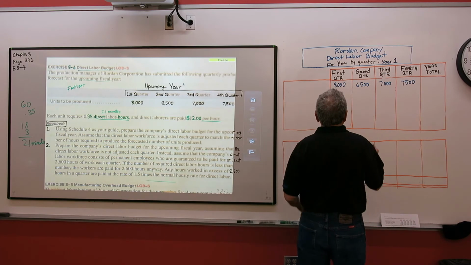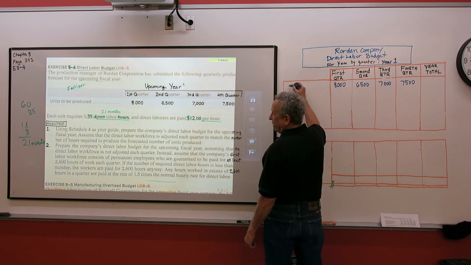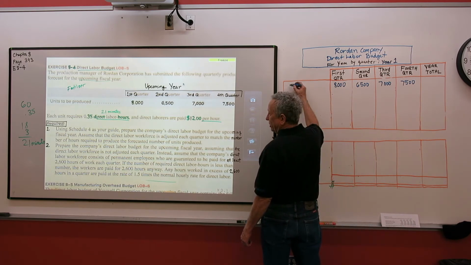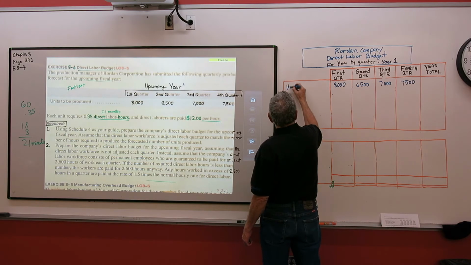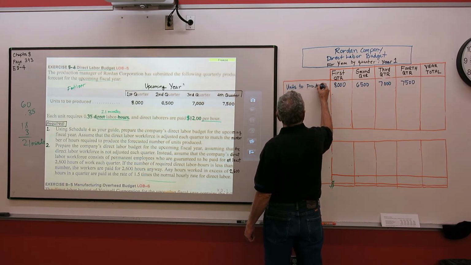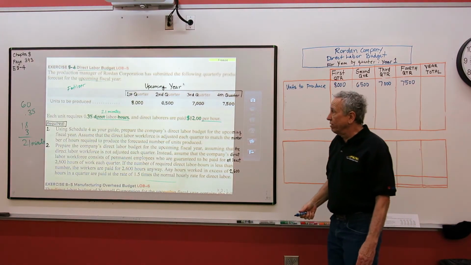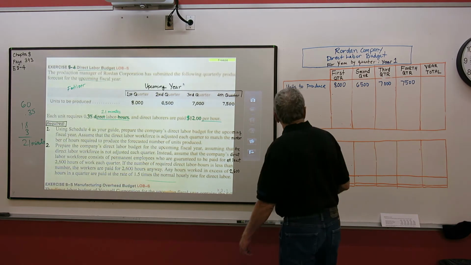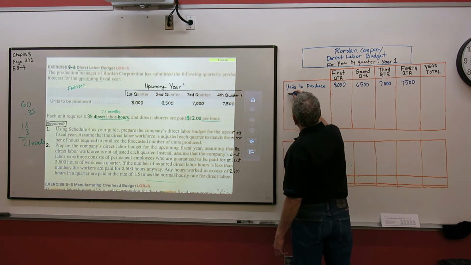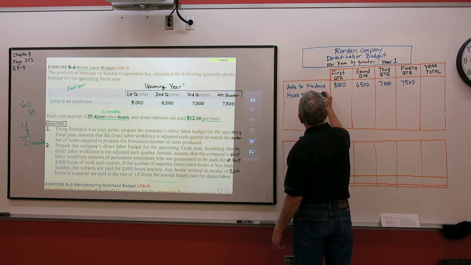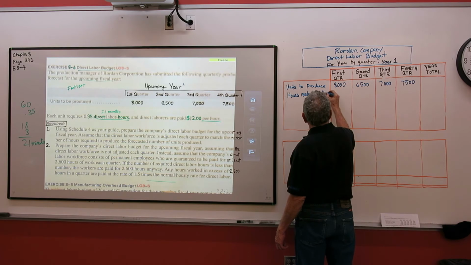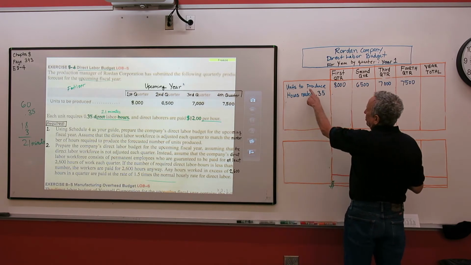So anyway, we're just going to put this as units to produce. And all we're going to do is take those, and you guessed it, convert those to hours. So let's put this as hours needed, and it's 0.35. These are units produced.